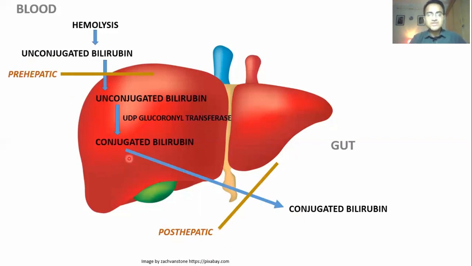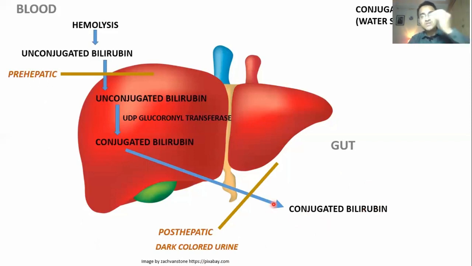So conjugated bilirubin backs up in blood, and conjugated bilirubin is water soluble and it can enter urine. It can be excreted in urine. So whenever there is rise in conjugated bilirubin in blood, it appears in urine and urine becomes dark color urine. Other than that, conjugated bilirubin in gut, in stools, normally is converted to stercobilin, and that stercobilin gives the normal color of stools.